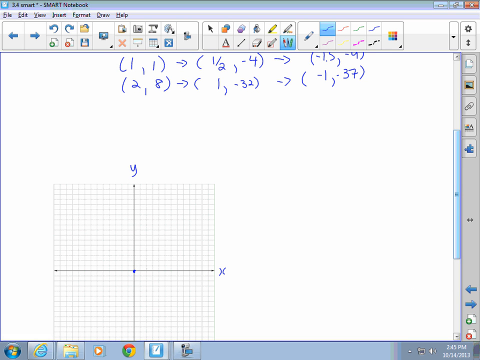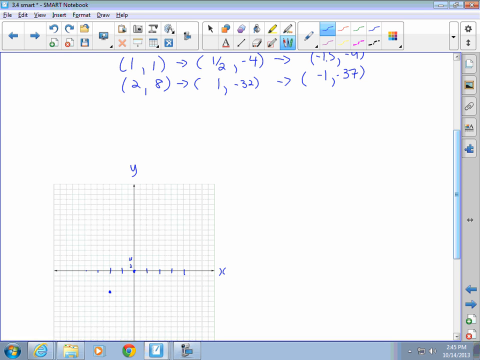So this will be 1, 2, 3, 4, -1, -2, -3, -4. And then each one of these is going to be going up by 2 on the y. So 2, 4, 6, 8, you can get the picture. So I was at -2 and -8. 2, 4, 6, 8.